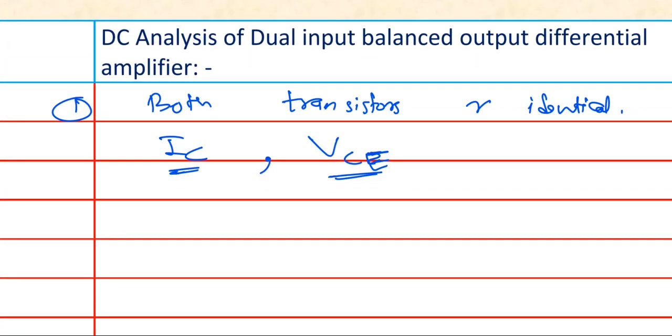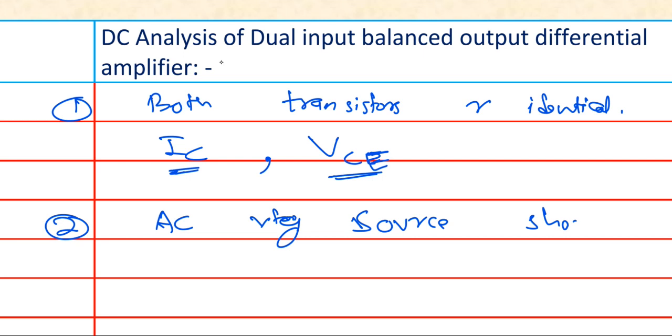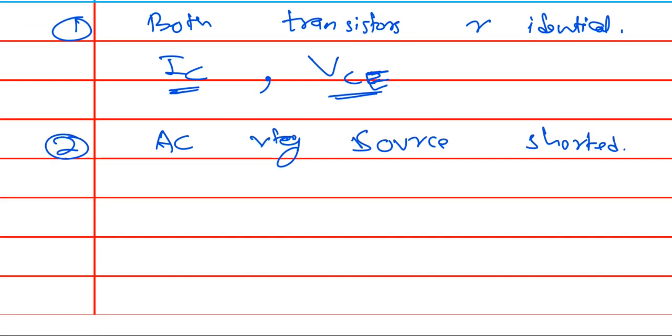Then, as we are doing the DC analysis, we will make the AC voltage source shorted. Okay, now let's start with the DC analysis.